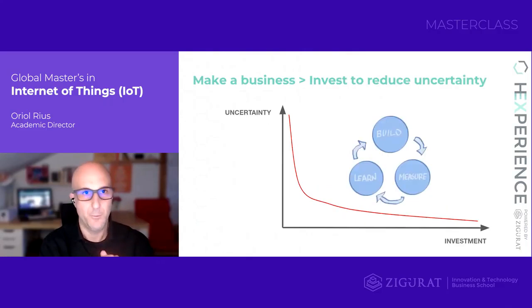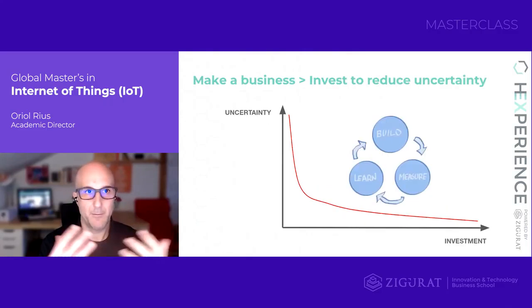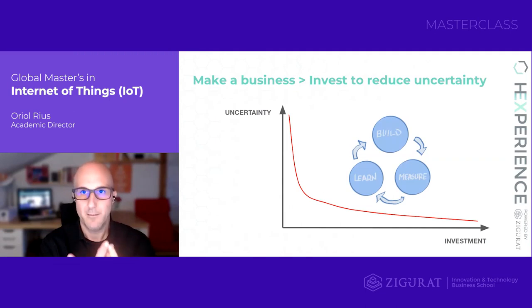How are we going to get that information? Investing. Investing what? Investing resources. What kind of resources? Investing time, maybe some money, okay? But for sure, what we have to do is repeat that circle, that flow that we have in this slide.